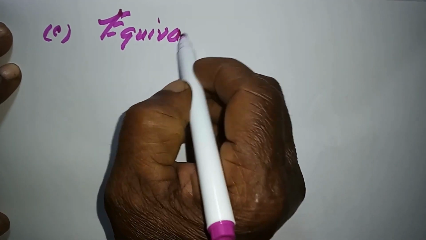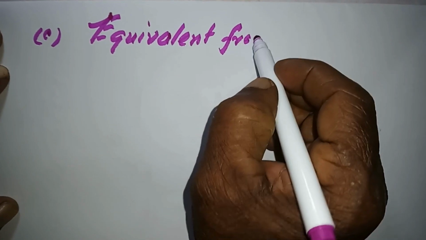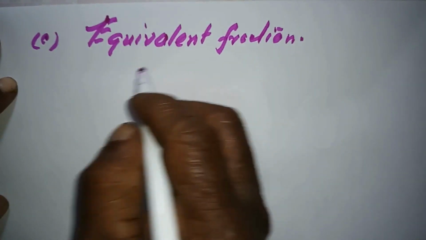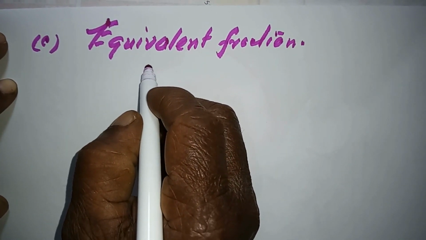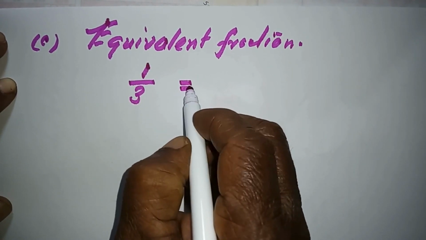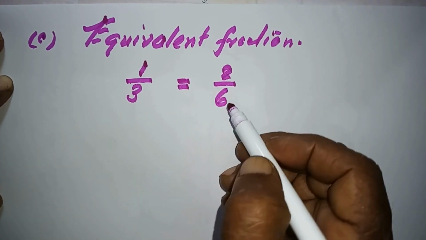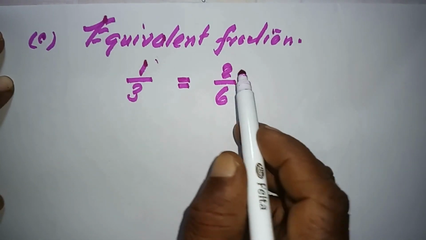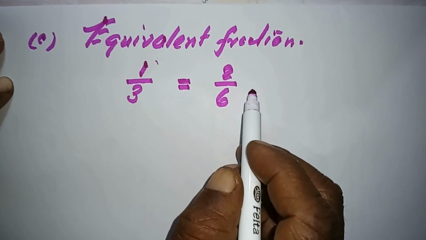Equivalent fractions. In equivalent fractions, the values are same. For example, if you take 1/3, this is equal to 2/6. Now these two are equivalent fractions because 2/6, if you simplify it, will come to 1/3.